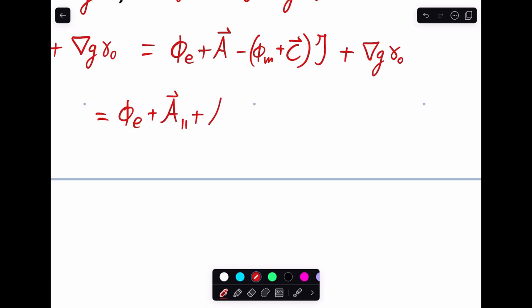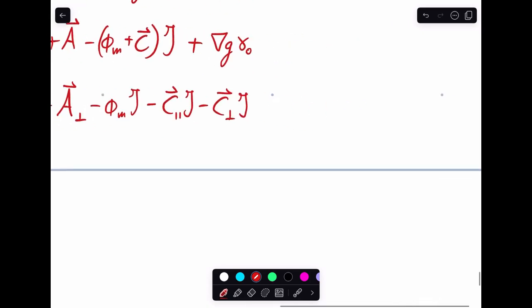You can break these into the longitudinal and transverse components. So minus phi m I minus c perpendicular, minus c parallel, c perp, and then plus g gamma naught.